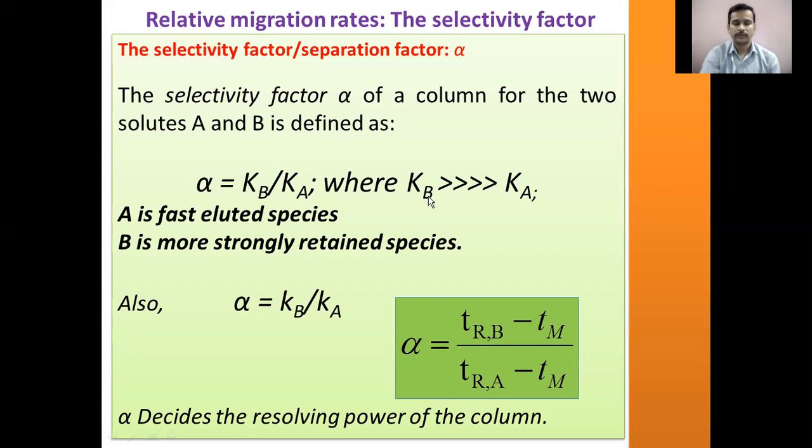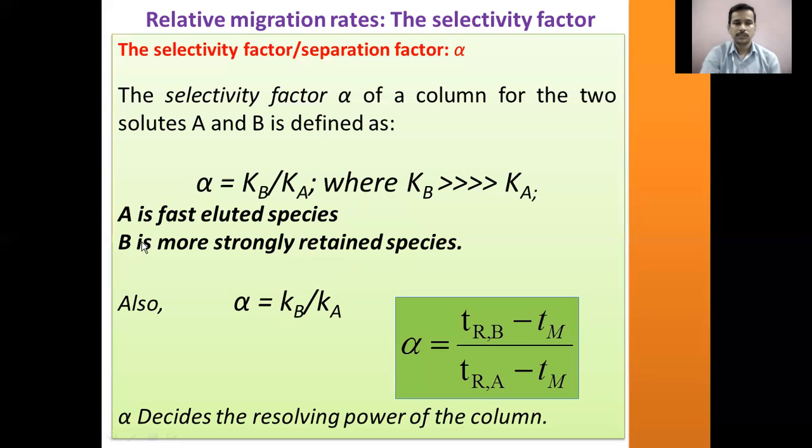The partition coefficient of the strongly retained species, of course, will be greater than that of the weakly retained species. Solute B is the more strongly retained species by the stationary phase, and it is not moving along with the mobile phase rapidly. A is going to be the fast eluted species.